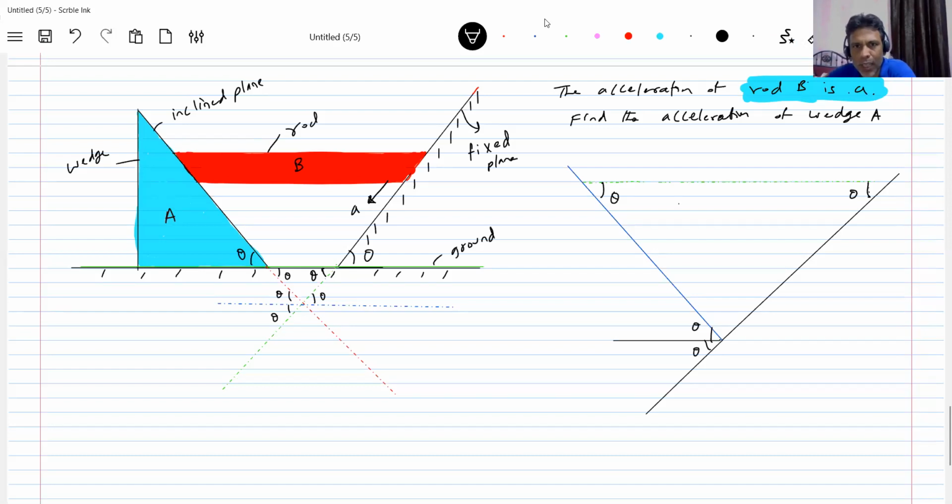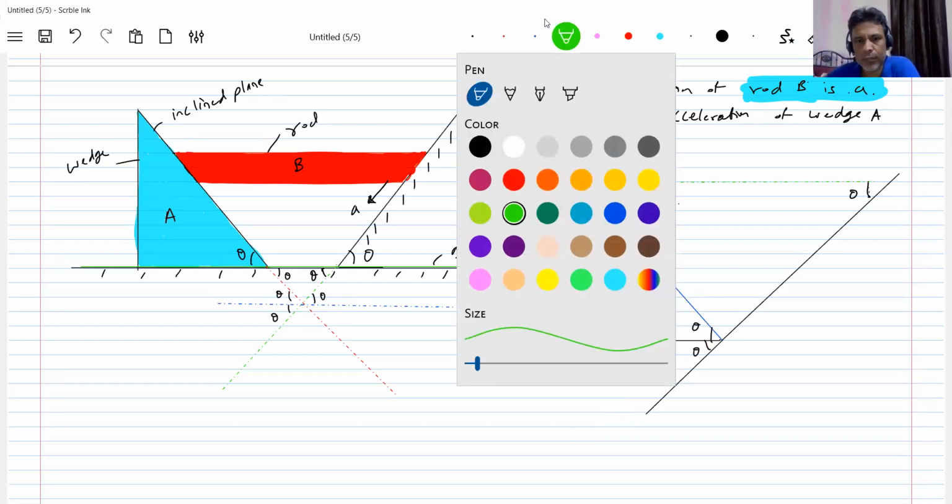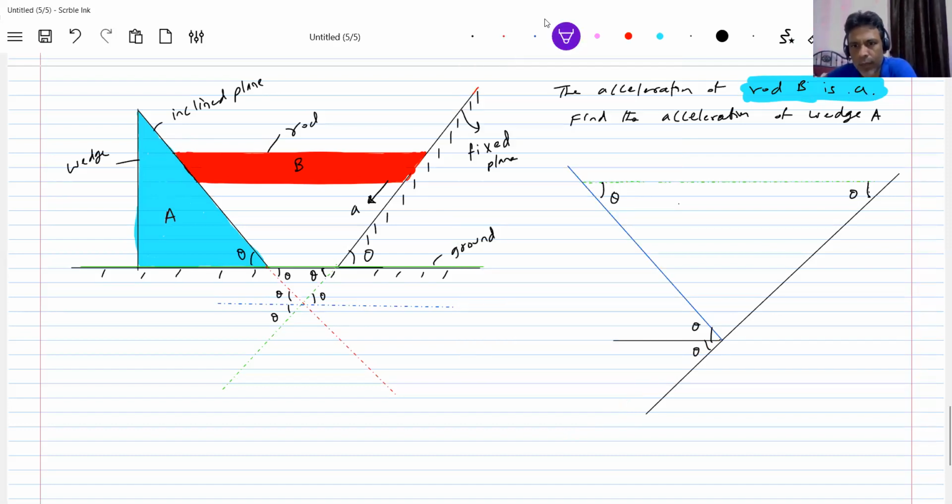The common normal, I'll show it here, in some other color. Okay, are you getting this one? So this is the common normal.